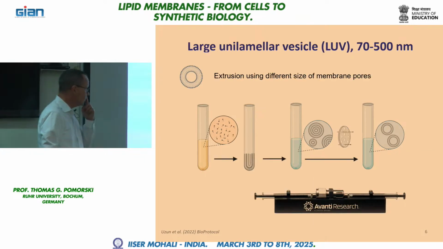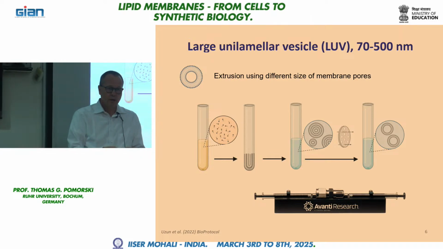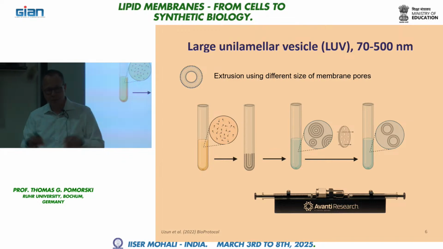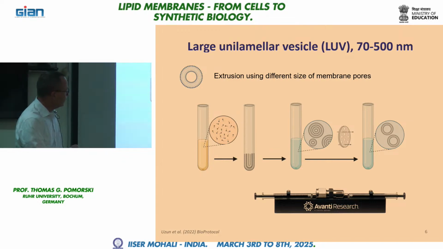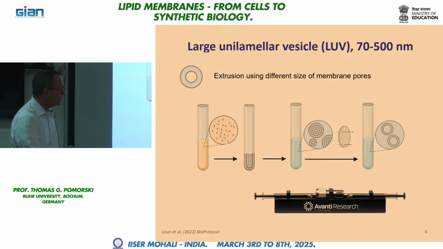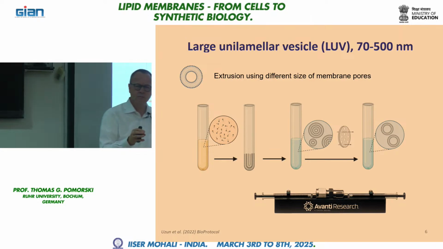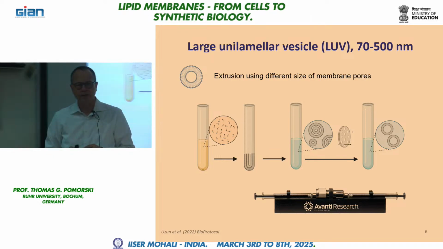What you can also do is use the lipid film that you have hydrated with your buffer, where you have formed shedding off of membranes, and put this vesicle suspension to a filter with very small pores, 100 nanometer, 200 nanometer, depending on what vesicle size you would like.